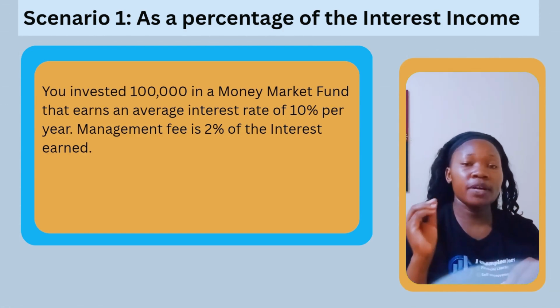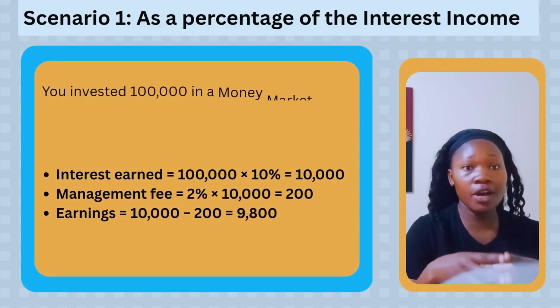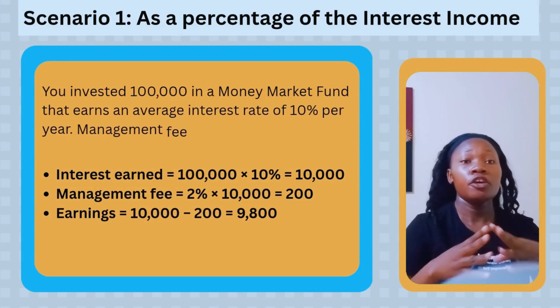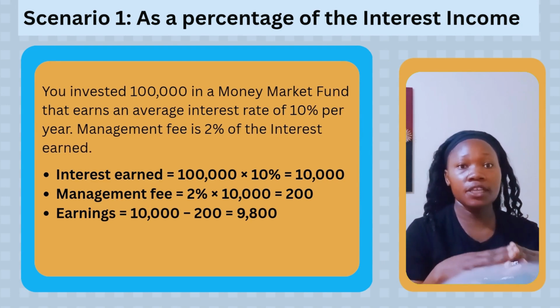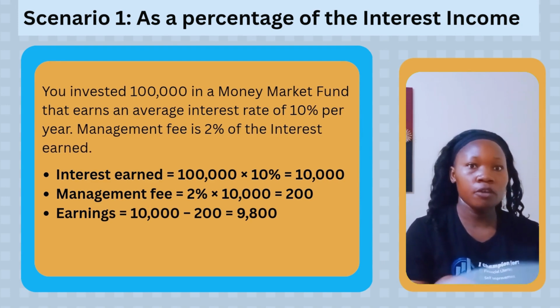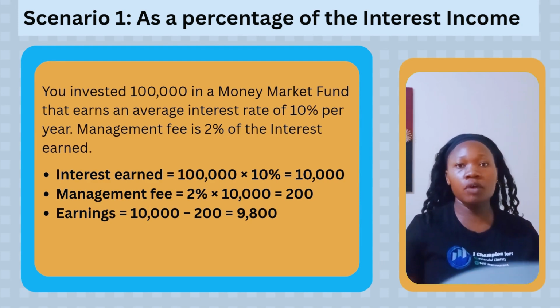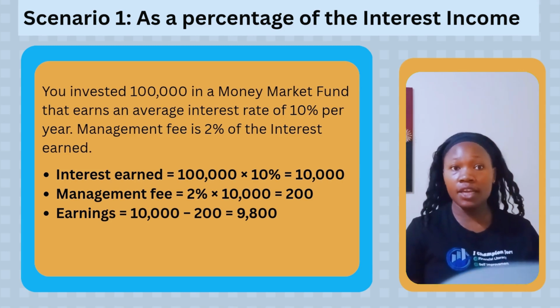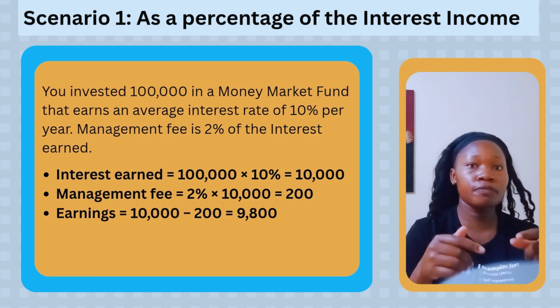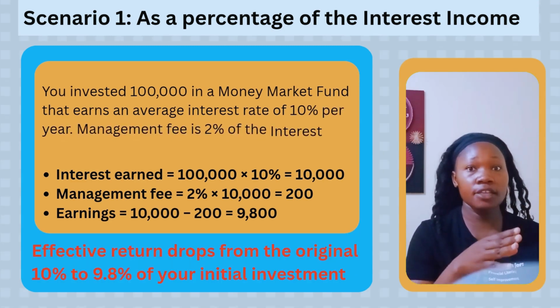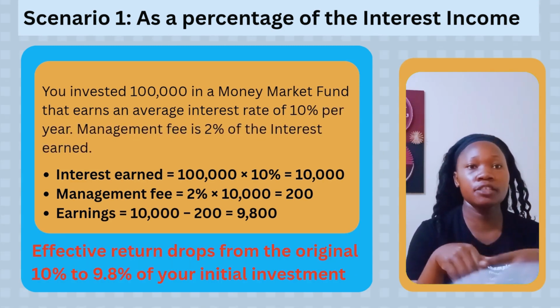Management fee is 2% of the interest earned, that is 10,000, to get 200 as the management fee you are going to pay. So the net earnings after deduction of management fee will be 10,000 minus 200 to get 9,800. After this deduction, your effective return drops from the original 10% to 9.8% of your initial investment.